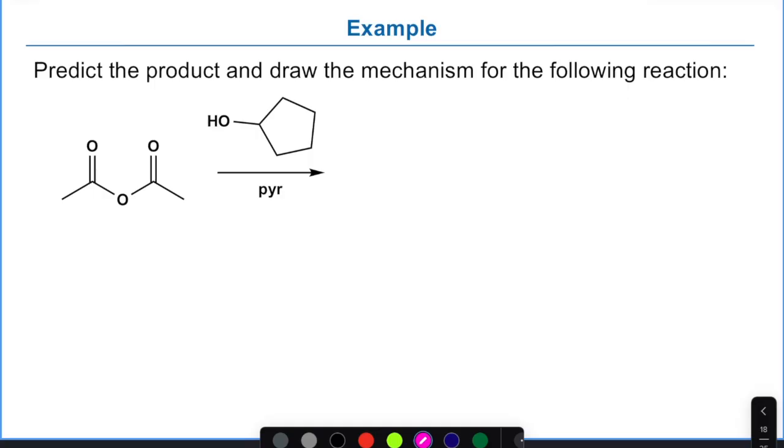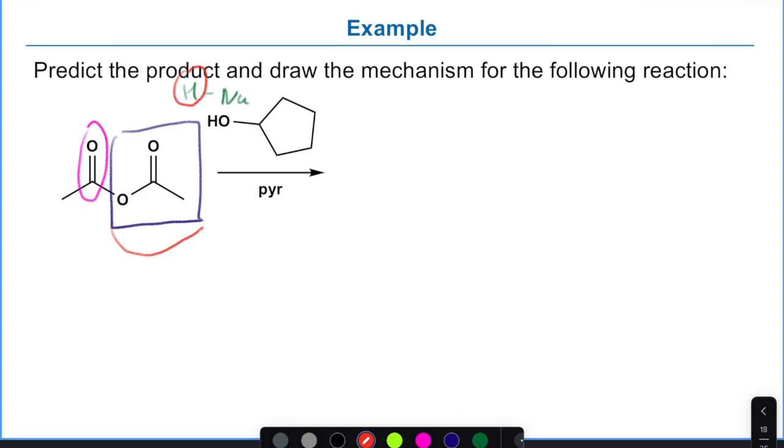Once again, this is just like our acid chlorides. In this case, I can decompose it: there's my electrophilic center. If I choose that as my electrophilic center, that's my leaving group. That means this is my nucleophile H.